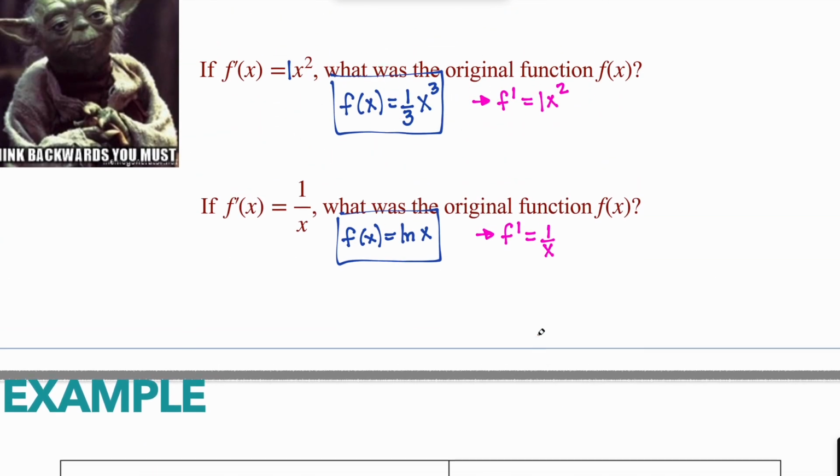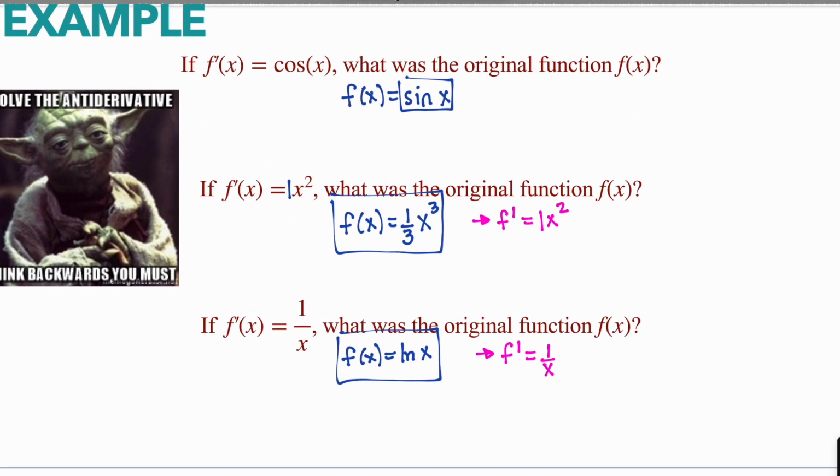Let me go back up. Technically, I should say that the original function was sine of x plus some arbitrary number c, where c is a real number.